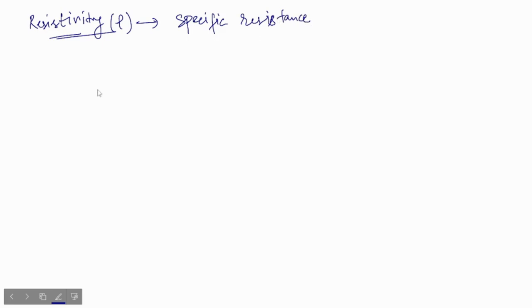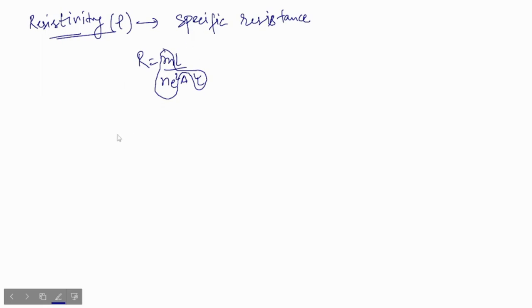You know, the resistance of a conductor in terms of material parameters will be R = ml upon n e square A tau, right? This quantity, m upon n e square tau, is constant for a given material if temperature is constant.